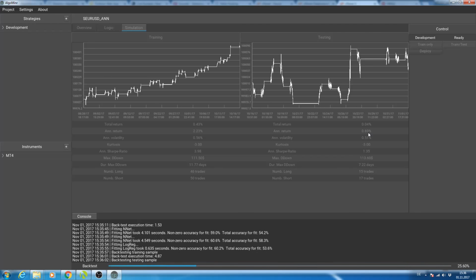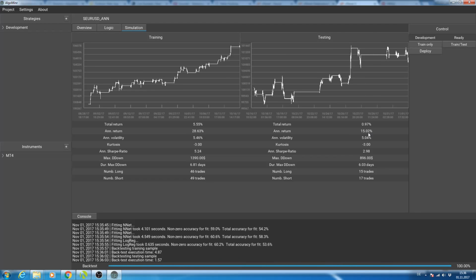Backtesting. All right, here we are. So actually in this run we even found a much better artificial neural network, and we're here at 15% annual return.